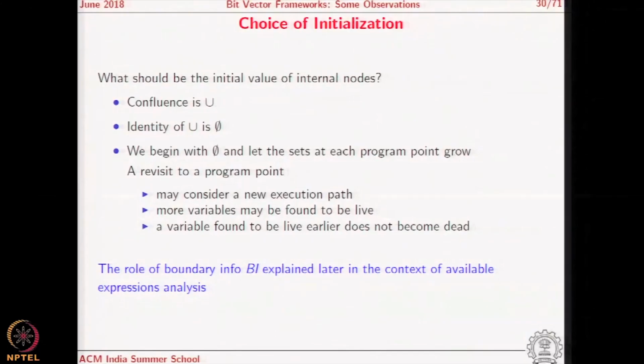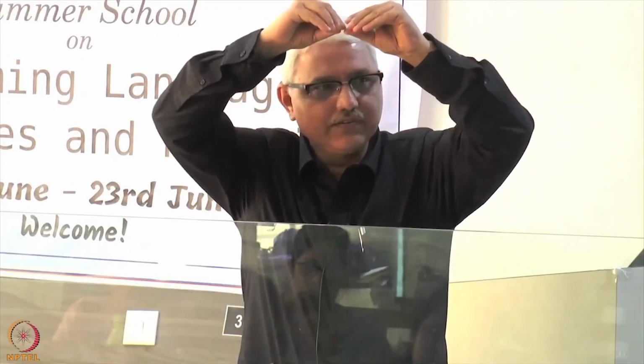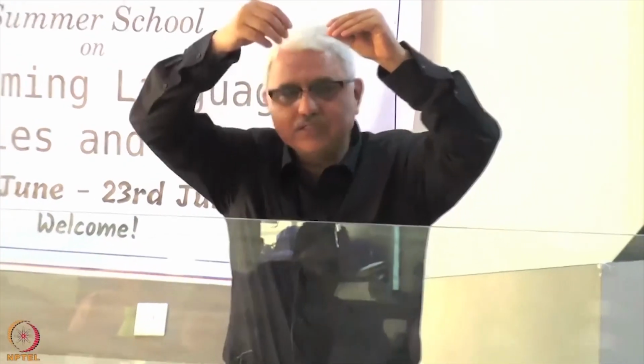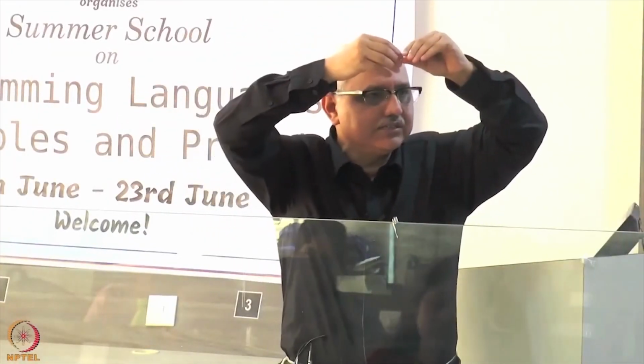A revisit to a program point may consider a new execution path, more variables may be found to be live, but the important point is a variable found to be live earlier does not become dead. If at any program point I discover in some iteration that A is live, it will remain live always. It will never, in a subsequent iteration, be declared as dead.